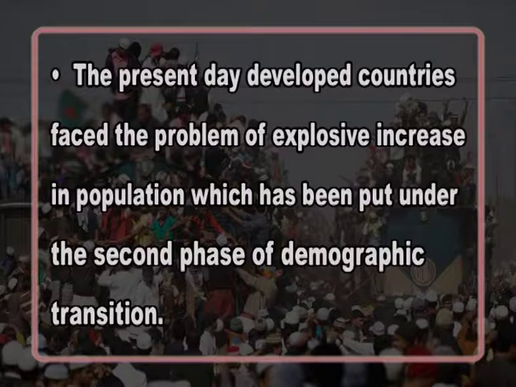The present day developed countries faced the problem of an explosive increase in population, which has been put under the second phase of demographic transition. It happened more easily because of pleasant circumstances such as vast sparsely inhabited areas existing in those times.